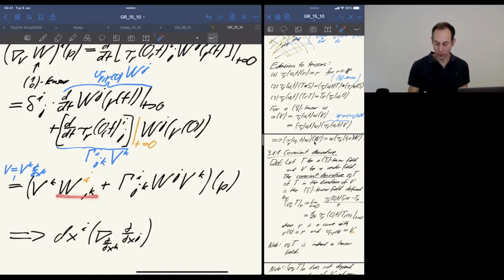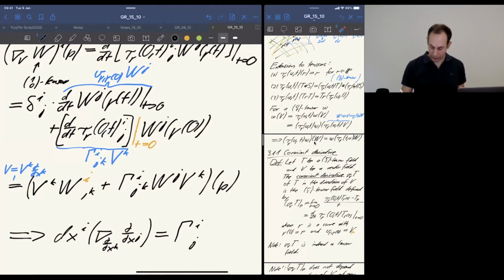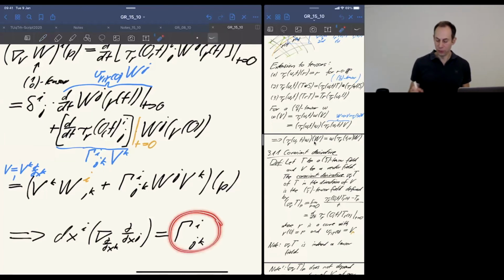So this is just constant. We only get that term with w and v equal to 1, essentially, for the corresponding index. So what you can read off from this is just the gamma symbol. So this gives you another interpretation of these coefficients that we introduced.